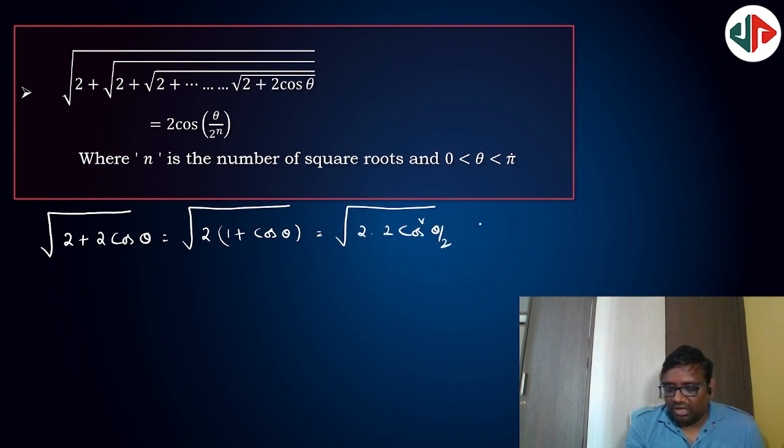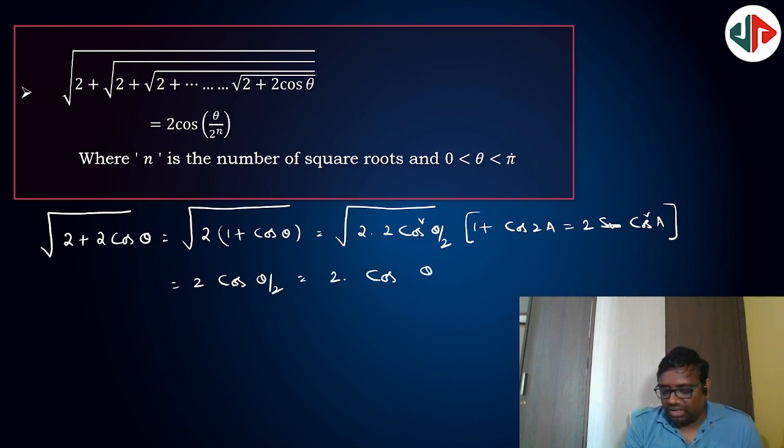Since 1 plus cos 2a, what is the formula? 2 times cos square a. So by using that formula, we are rewriting. So it is nothing but 2 times cos of theta by 2. So we can rewrite this as 2 times cos of theta by 2 power 1.